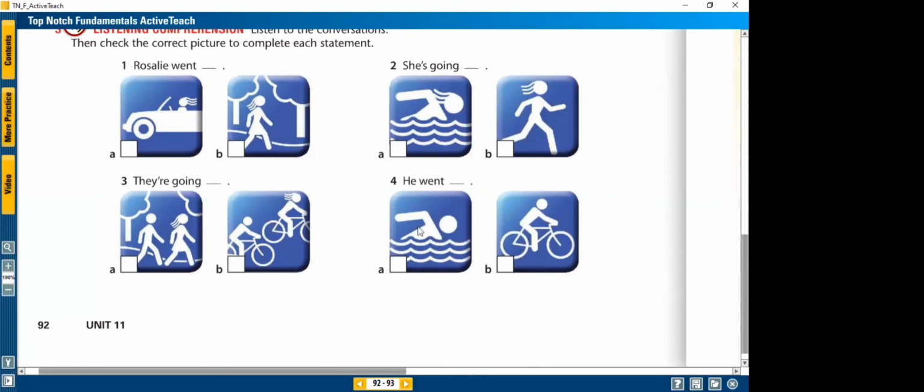Okay, Dania, what's the activity in the next one? Go swimming, and in the next one? Bike riding. Okay, listen and please check which one is the correct, okay? A or B, listen.